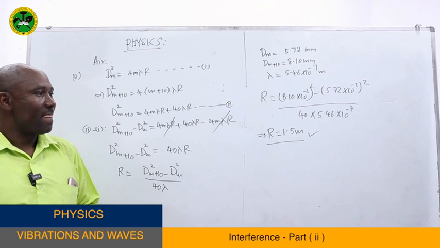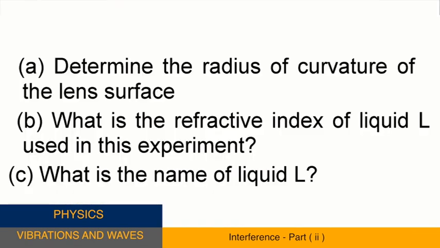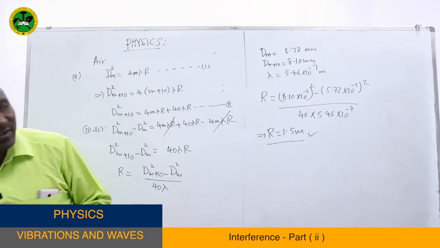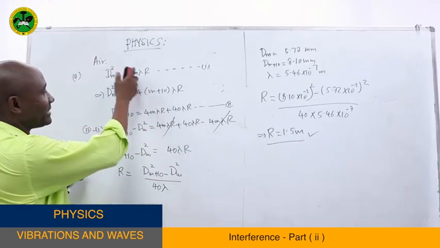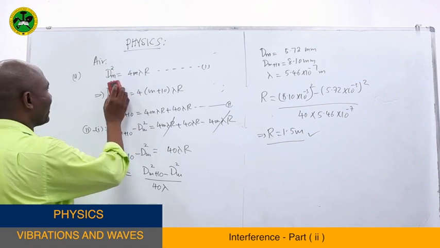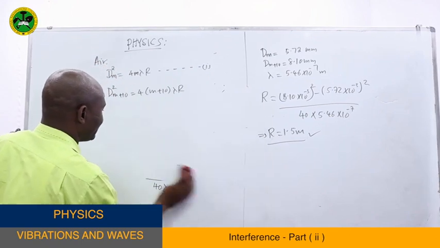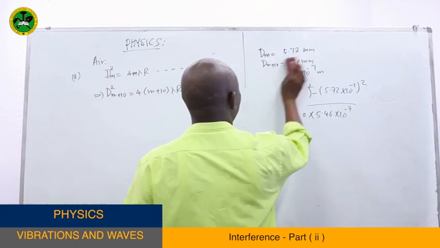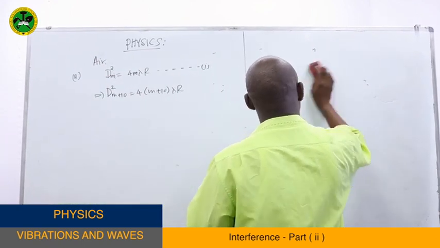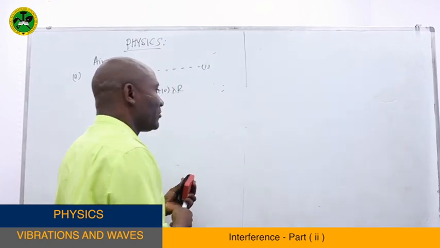The second part, B: what is the refractive index of the liquid used in this experiment? If you're looking for the refractive index, now this was in air. Let's talk about the arrangement in liquid. Suppose the liquid is introduced between the two materials.